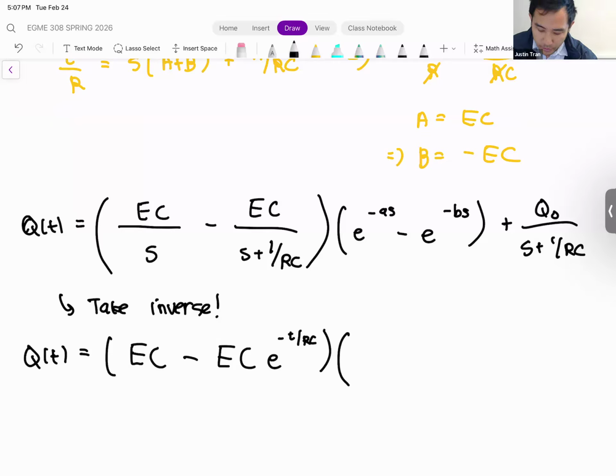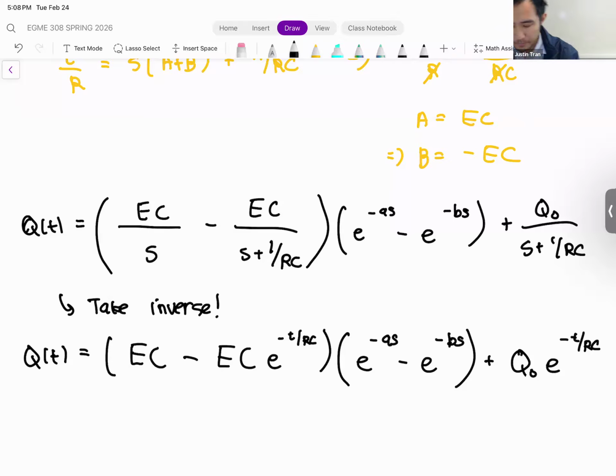We're going to multiply that by our shifts. So we have E to the minus AS minus E to the minus BS. Plus our inverse of Q naught over S plus 1 over RC. That is a Q naught, E to the minus T over RC.